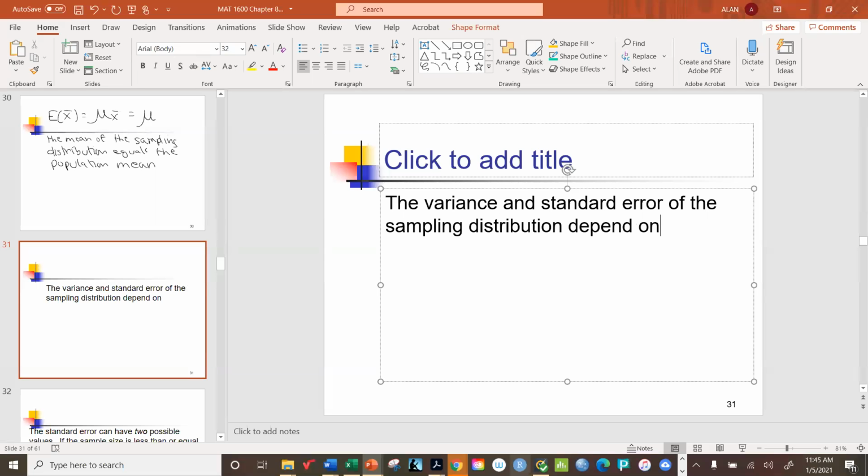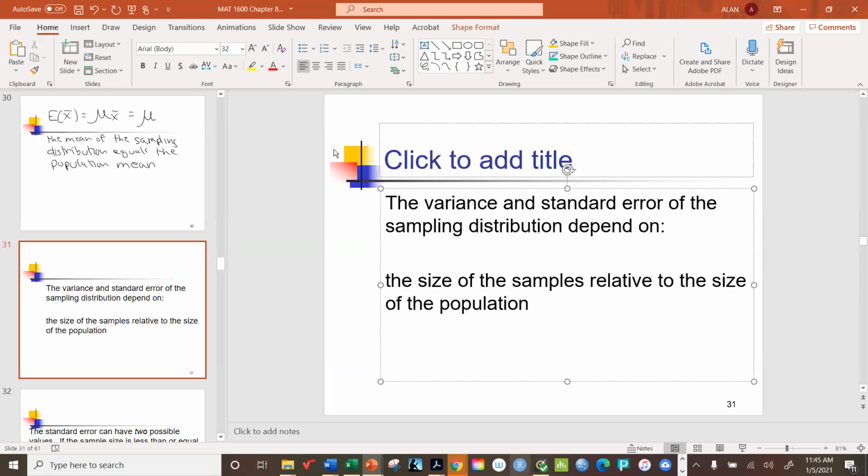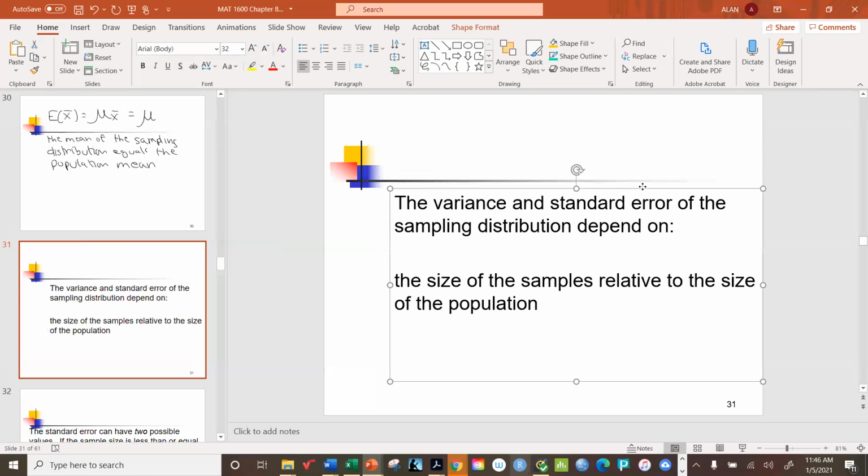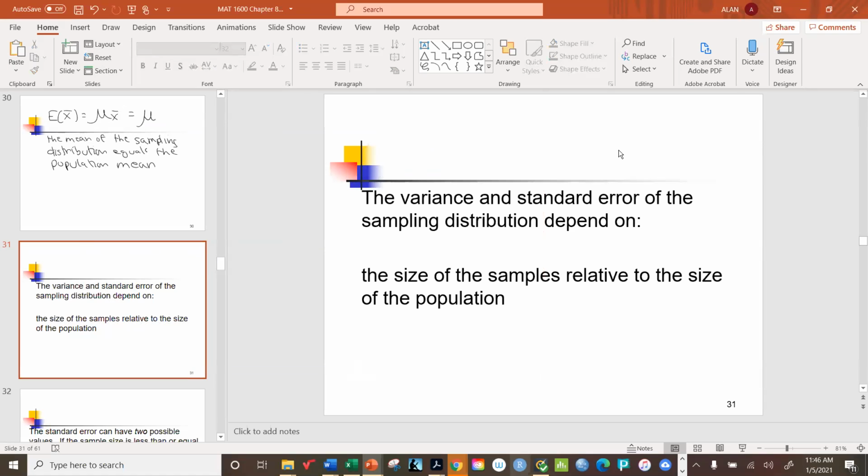These depend on the size of the samples relative to the size of the population. In other words, how large are our samples compared to the overall population? Usually the samples that we choose represent a very small percentage of the total, but not always.